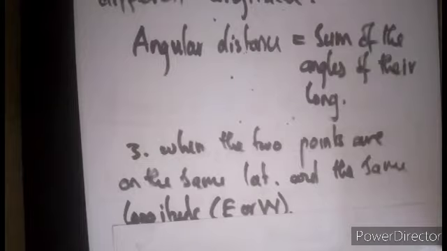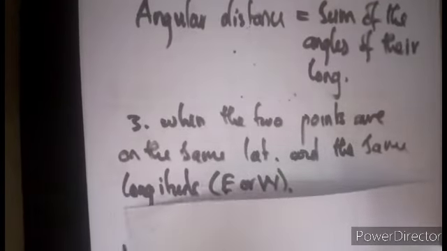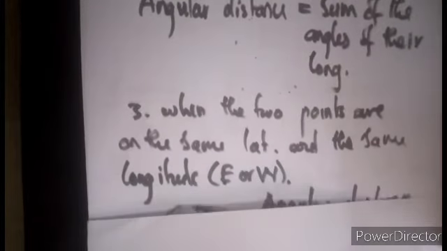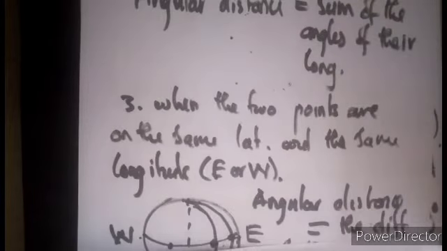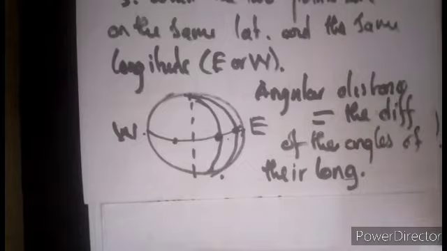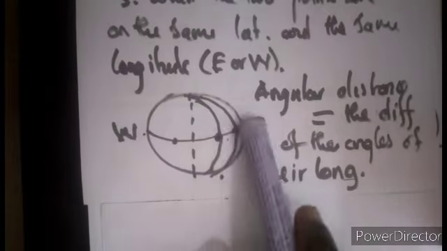You see, we have 2 eastern longitudes and then one latitude where the 2 points are. In this case, we take the difference of the angles of their longitude. That is, the angular distance is the difference of the angles of their longitude. Like in this sketch you see here, we have 2 longitudes east, and on the same latitude.